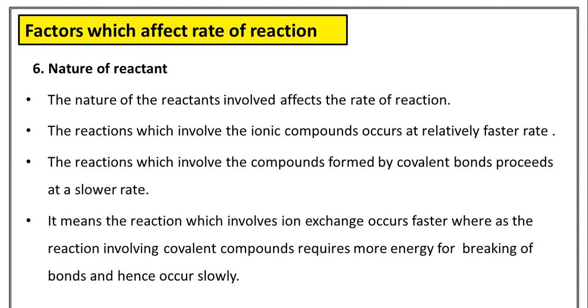If the reactants are ionic in nature, the rate of reaction will be faster. But if the reactants are formed because of the covalent bond formation, and even the reaction itself involves the formation of the product which is formed by the formation of covalent bond, such type of reactions occur in a slower manner because they require more energy.